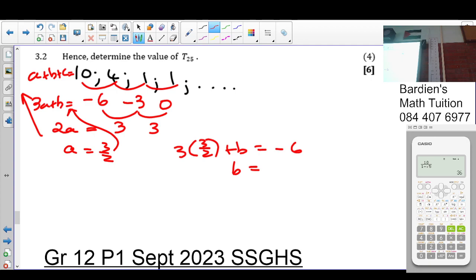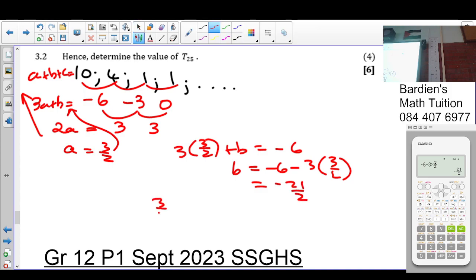So b is minus 6 minus 3 times 3 over 2, which is minus 21 over 2.